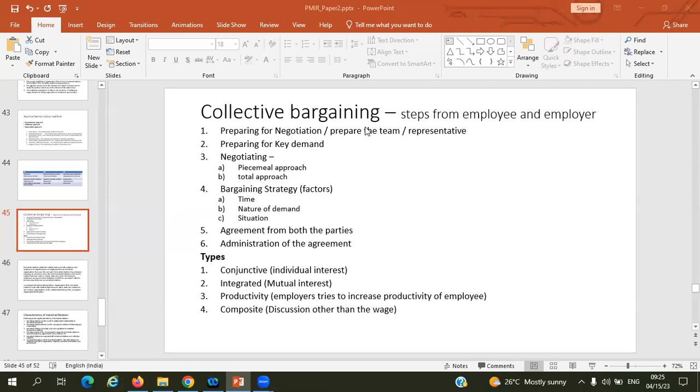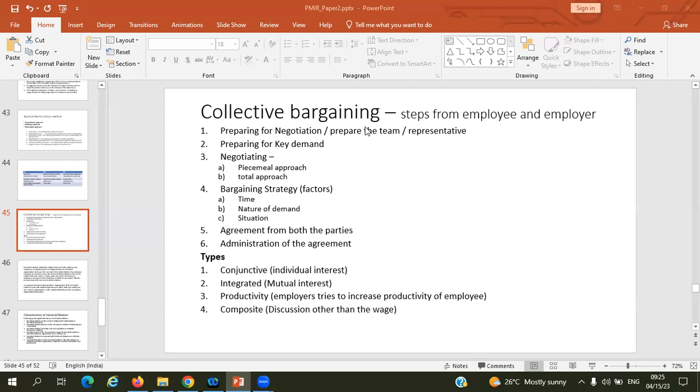All these things will be observed by the team who negotiated. That is called administration of the agreement. Once the agreement is done, the final step is to administer it, to see how it is being implemented.